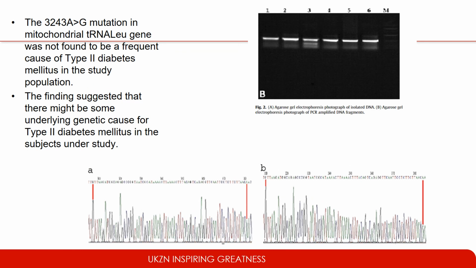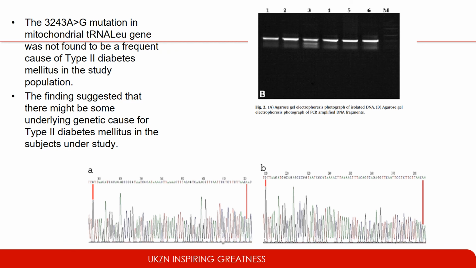In this study, they brought in the mom, dad, and the kids, and a blood sample was extracted from this family. They did a PCR to detect this gene, this transfer RNA leucine gene. After they had detected it, they sent the PCR products for sequencing. The idea was to try and identify this adenine to guanine mutation.